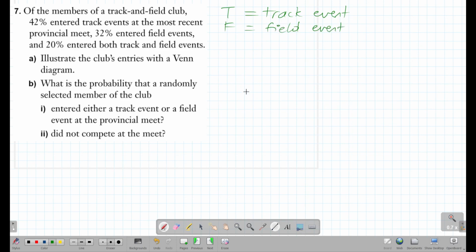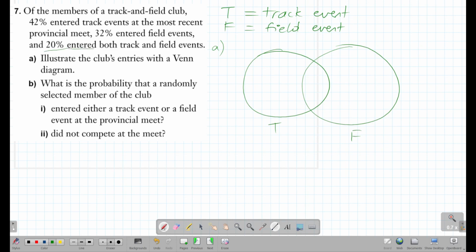Let's first illustrate this with a Venn diagram. We're going to have two parts of the Venn diagram. This will be called T, and this will be called F. And it's telling us that 20% entered both track and field events. So that's 0.2 right off the bat.